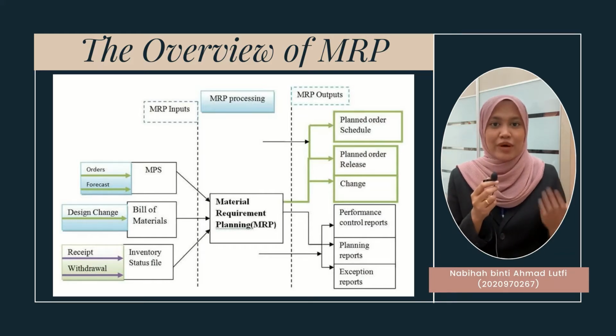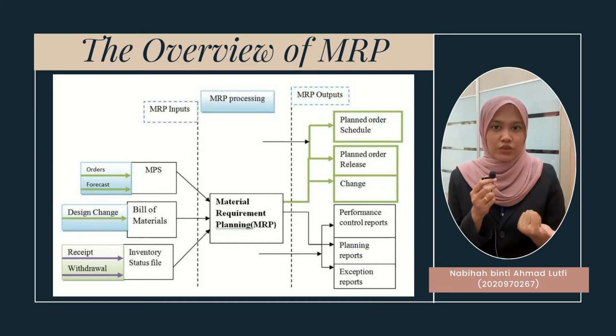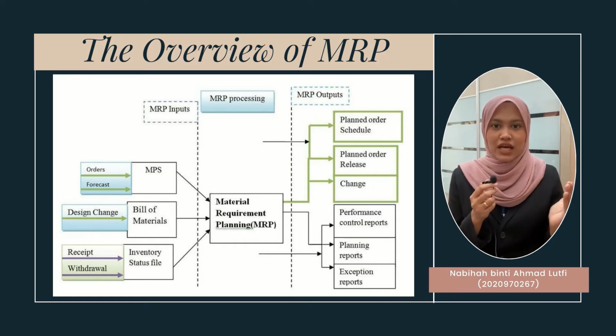Then, after the MRP process, it will generate the MRP outputs, including 3 outputs of primary reports, which are plan order schedule, plan order release, and the changes to plan order. And for the secondary output reports, it has performance control report, planning reports, and exception reports. This will be further explained by my fellow members.